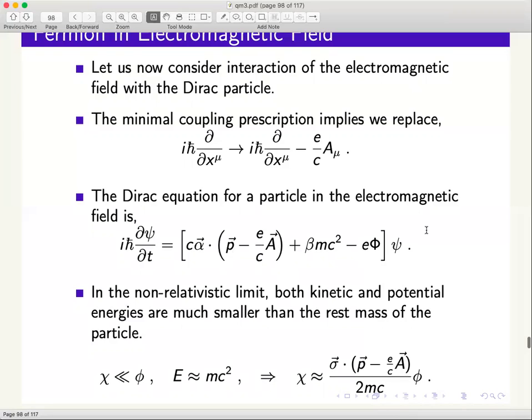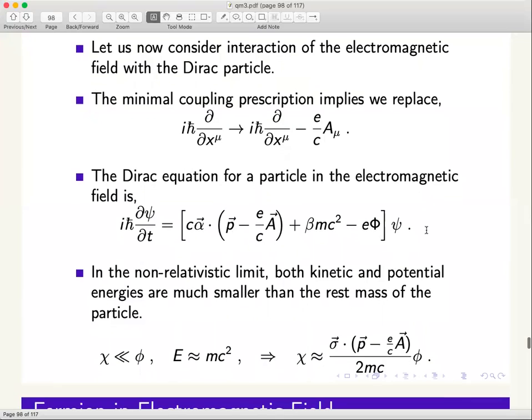Now, we want to take the non-relativistic limit, because once we start looking at the theory of atoms or molecules, the velocities involved are small. Therefore we don't want to use these relativistic methods, which are elegant but still complicated. It is better to use non-relativistic techniques and add relativistic corrections to that problem.